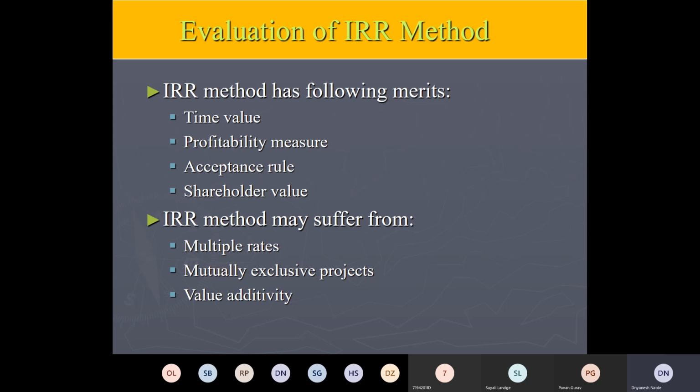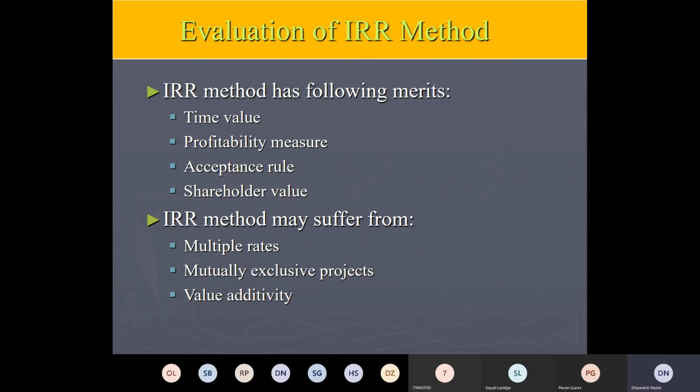Then value additivity. We had discussed this as a merit or advantage in the case of net present value: if you have two projects, their NPVs are additive, meaning NPV of A plus NPV of B is equal to NPV of both projects together, NPV(A+B). But that's not true for IRR.